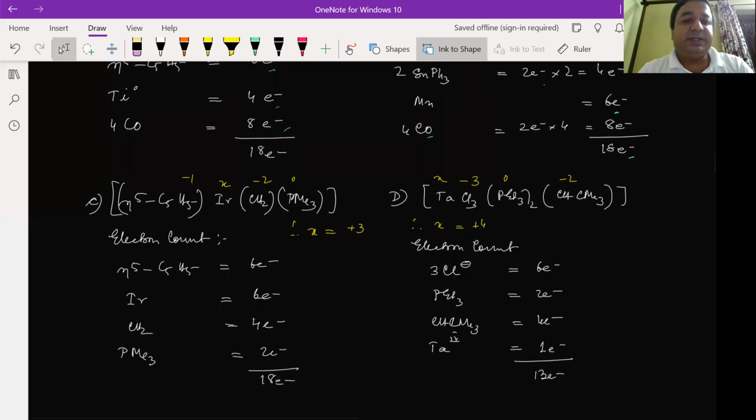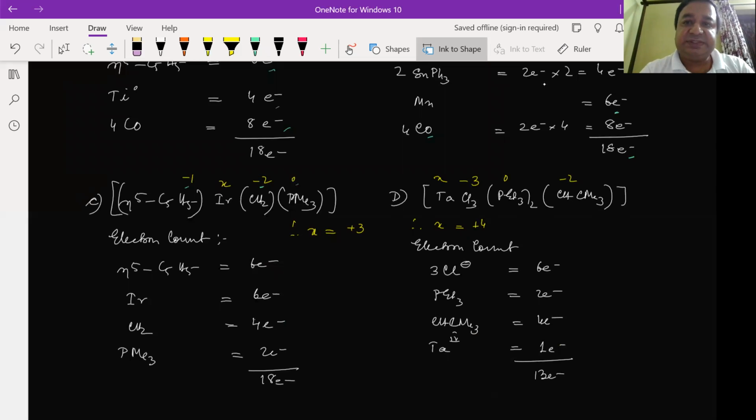Now for the next complex C, it is again eta 5 C5H5, so it is a 6 electron system. And then we have iridium, we have a CH2, and we have PMe3. So this is having oxidation state 0, this is -2, this is -1, so outside charge is 0.